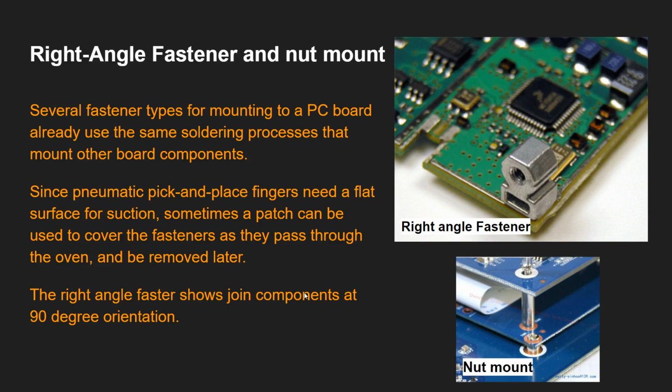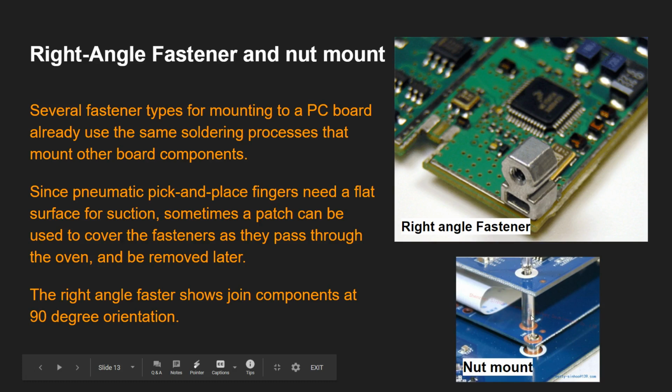Now here is another example of a mechanical fastener, and this is a right angle fastener and nut mount. This is an example of a right angle fastener which you can use on the PCB, and this is an example of a nut mount used on the PCB.